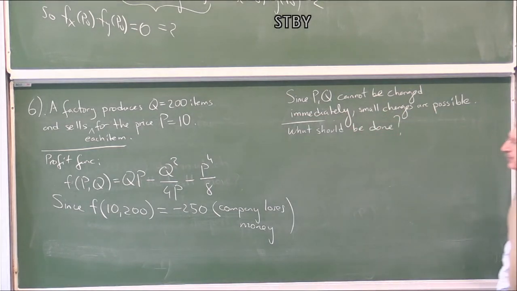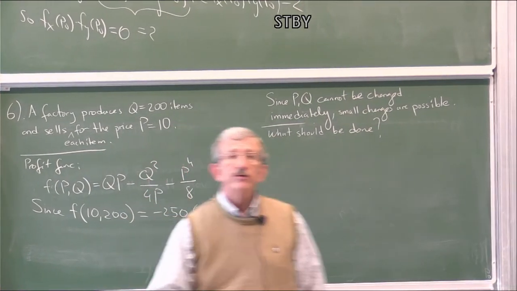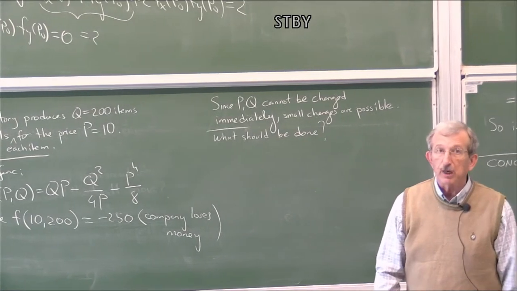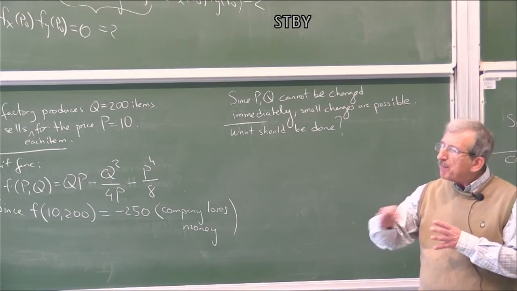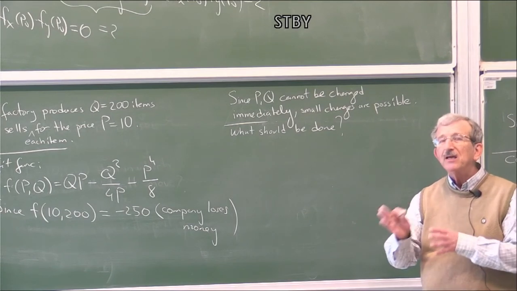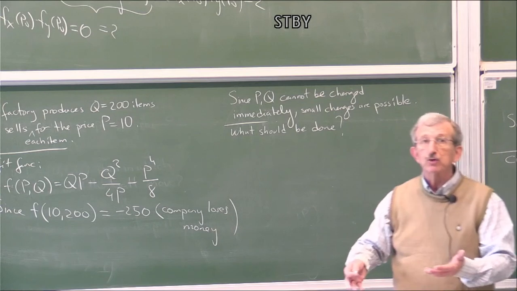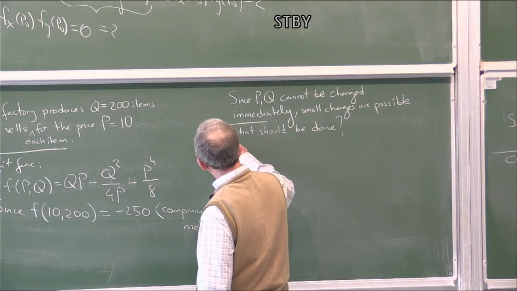Well, the idea, of course, is to go in the direction where the rate of change of the function is most positive. So you will move a little step, but it must be in the direction where the function will increase most.